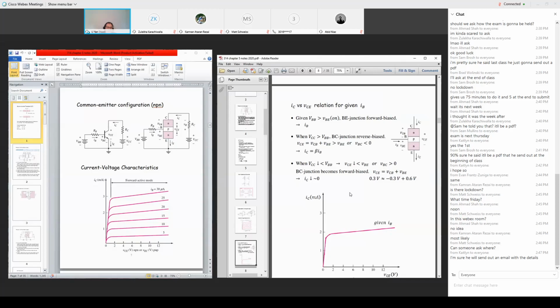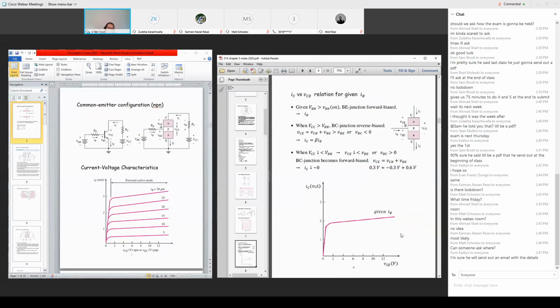Okay. So all these three bullets are summarized by the graph I created. I plotted collector current on the vertical axis and VCE on the horizontal axis. The red line is for when the base condition doesn't change: I create a certain amount of base current, and I have a portion of IC equal to beta times IB.